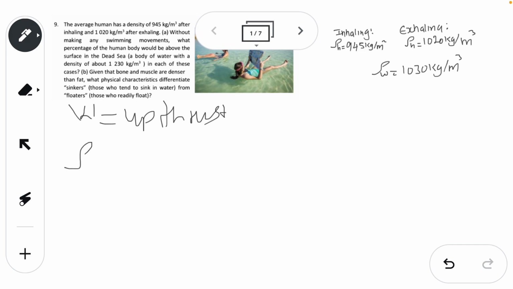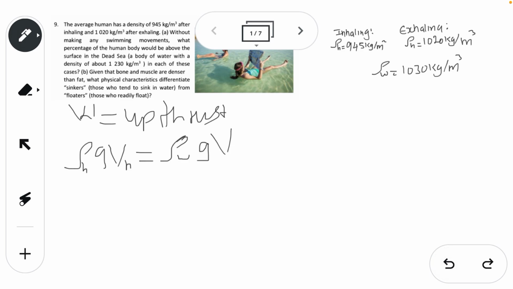The weight of the human is the density of the human times g times the volume of the human, and the weight of the fluid which provides the upward force is the density of the water multiplied by g multiplied by the volume of the water.